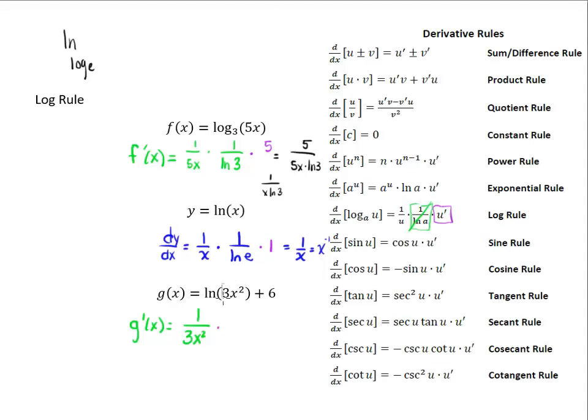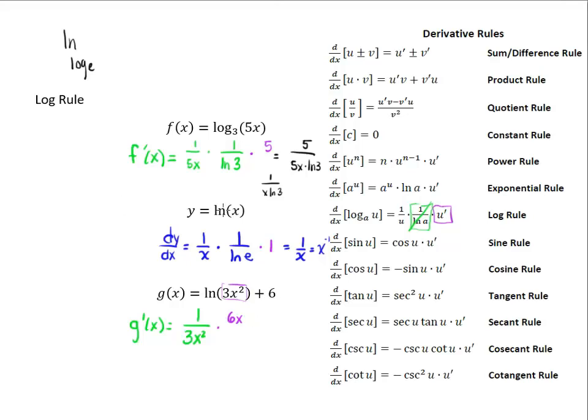So I look at the inside here. This is a power rule problem. So I bring the 2 down. That becomes 6. So it is 6x, technically, times the derivative of x, which is 1. And there is the derivative of the natural log of 3x squared. That's the first part of the sum difference rule. The second part, take the derivative of the other term. This is a constant. So the derivative of 6 is just 0. So it's plus 0.